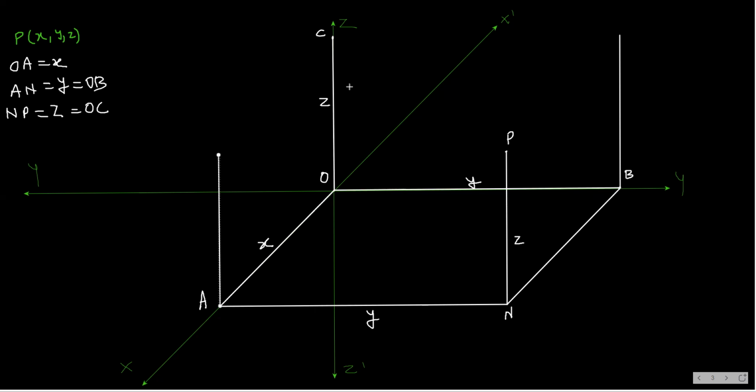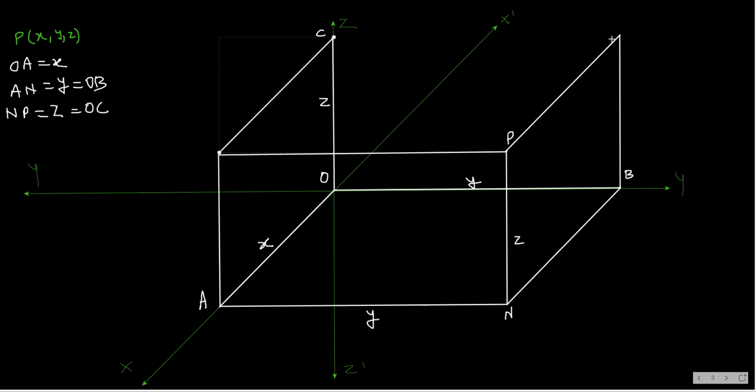And at the vertex O, it is already there. Then I will join these. Simply join them. And now you have a cuboid ready. This cuboid which you have is in the first octant.